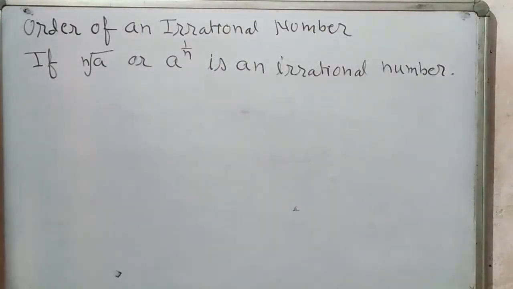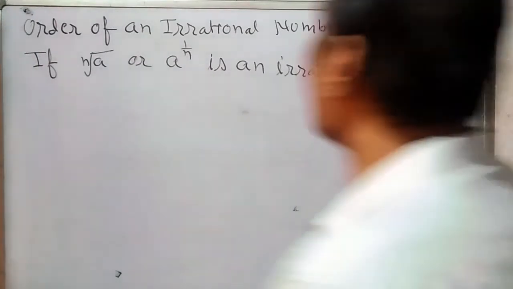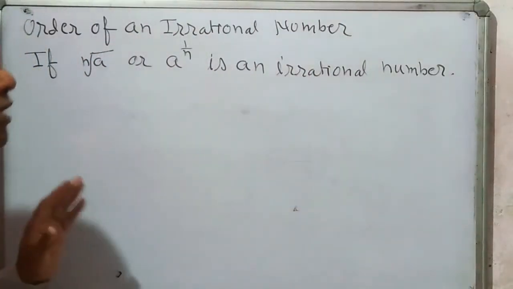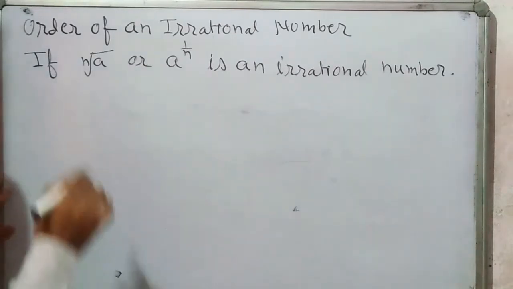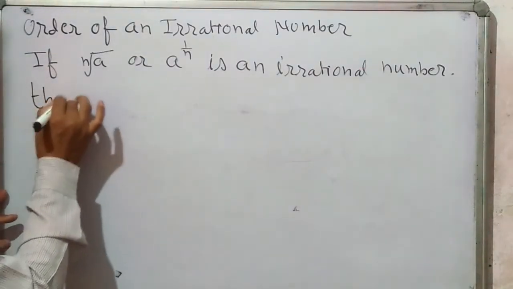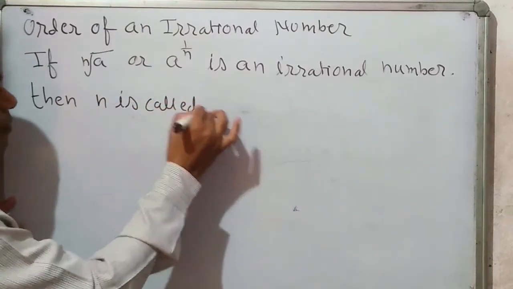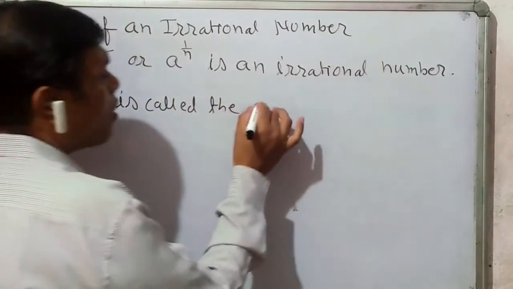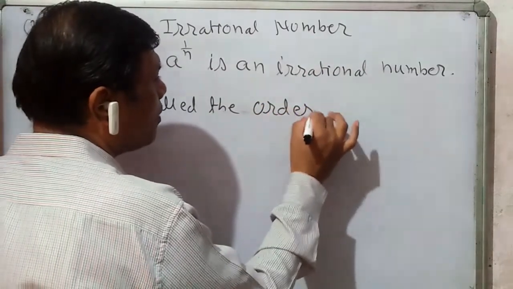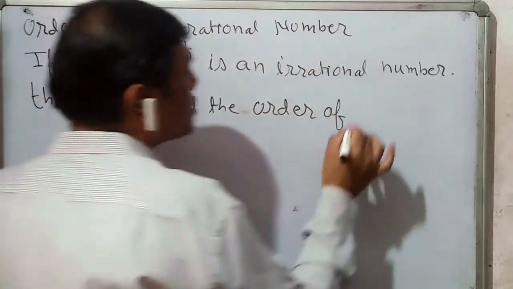That means its decimal representation is neither repeating nor terminating. Then n is called the order of irrational number.